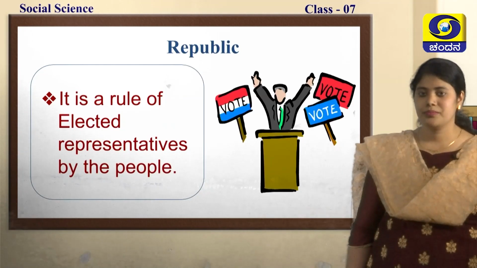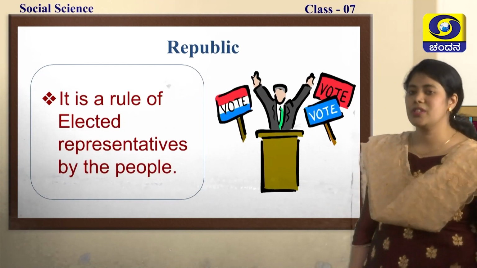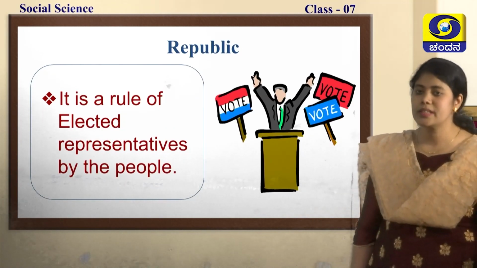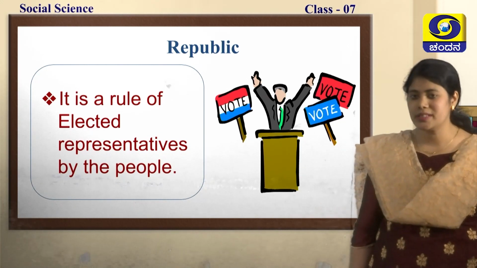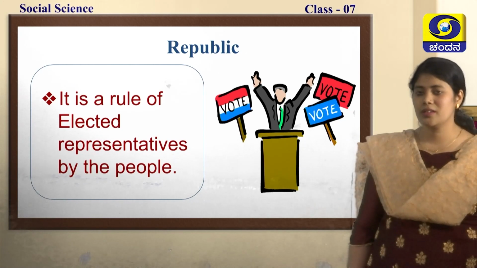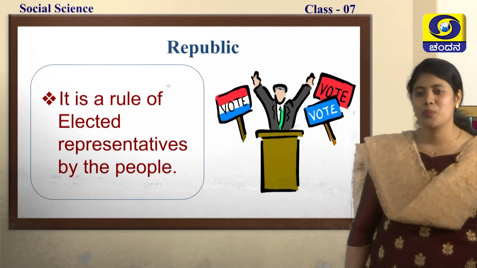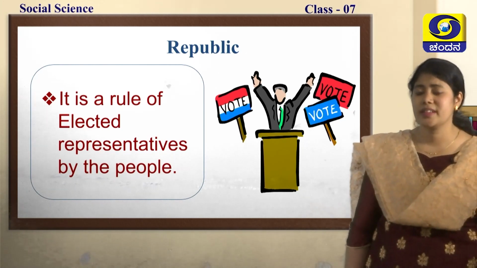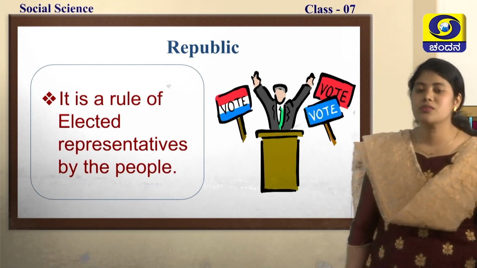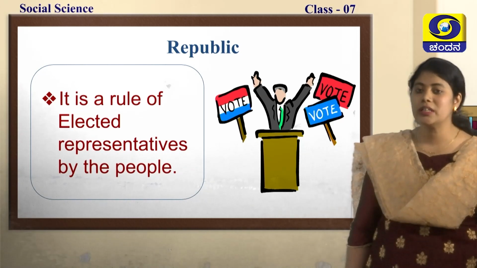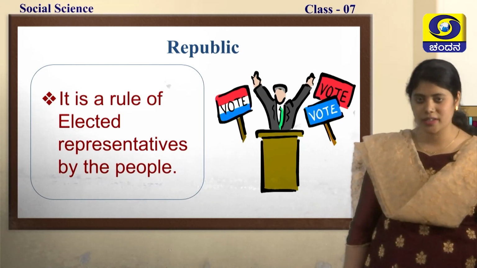Okay. So, now the next salient feature of the constitution is republic. What is this republic? I told you in the preamble itself, right students? Can anyone tell me what is this republic? Yes, our country is a republican state. It means here there is no rule of a king or monarchy.